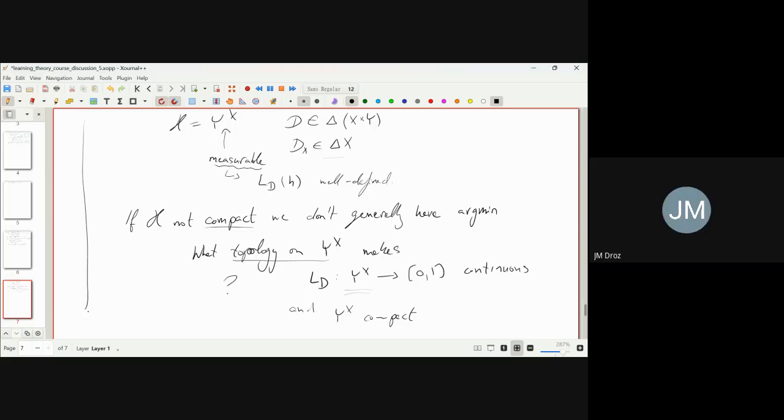There was maybe another confusion, which is that there are two slightly different definitions of a learning algorithm.